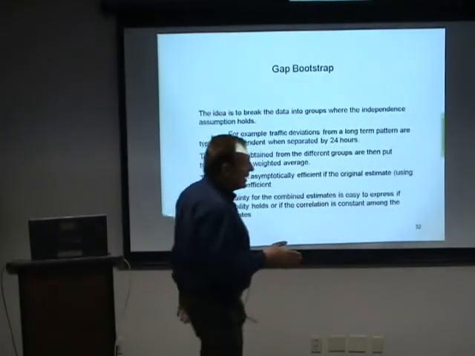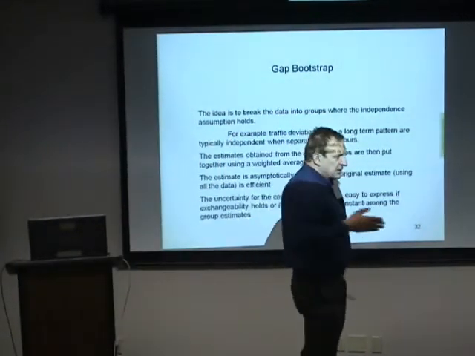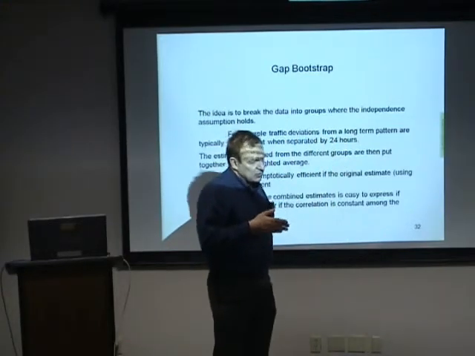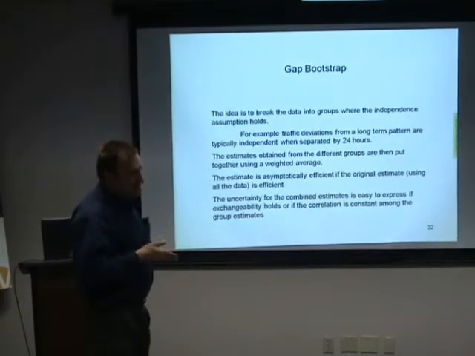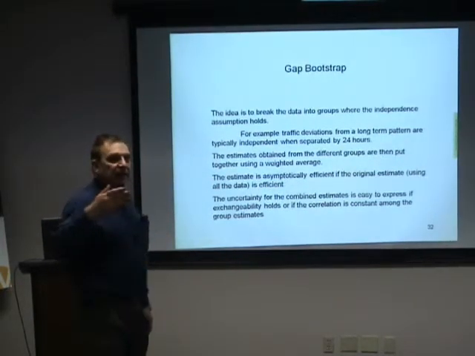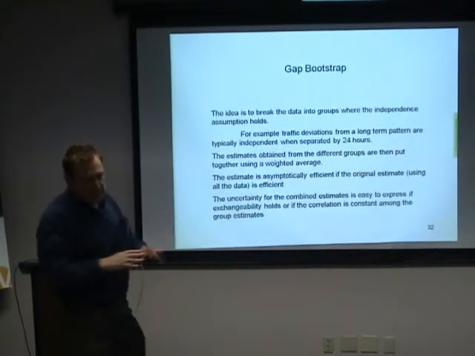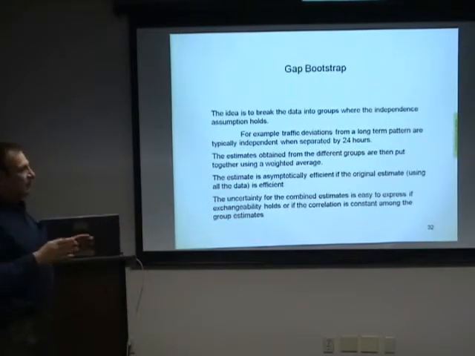So we could say if we have 100 days of data, 24 hours for 100 days, I can take the 8 a.m. measurements from every day and put it together, and the bootstrap works. Then I'll take the 2 a.m. observations, and the bootstrap works.